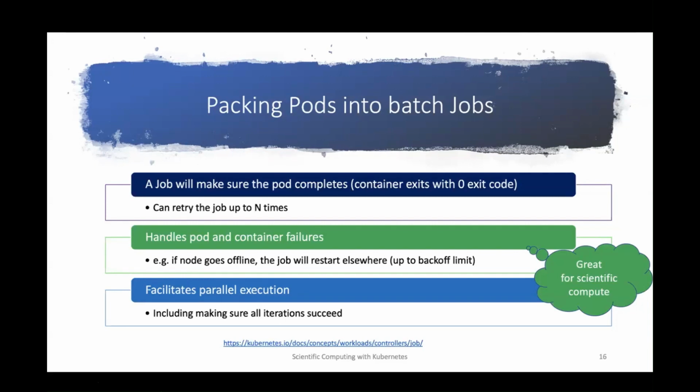Think Monte Carlo generation, for example, where you just want a bunch of independent jobs that run, and to get enough statistics, you can do it with a single command. So I think it's something you really want to use once you are past basic toy pod examples.